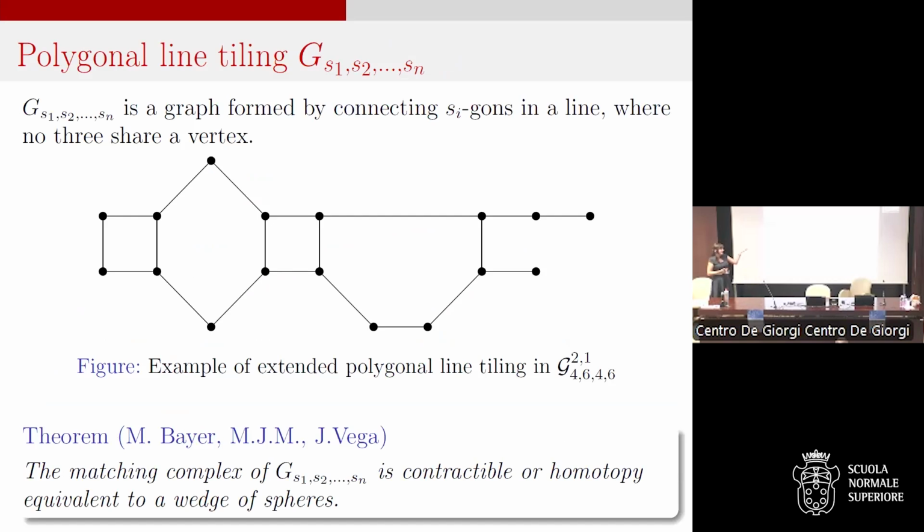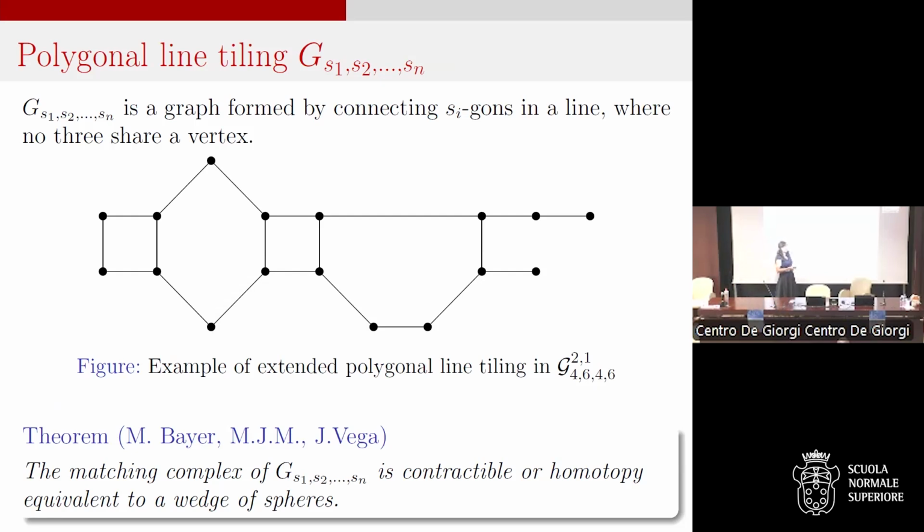So what we wanted to do is to generalize, to see what else has a nice matching complex. The first freedom we gave ourselves is not to glue just the same polygons, but to glue arbitrary polygons. Then it's not so nice anymore. The structure is not so nice. For example, this is some kind of extended polygonal line tiling. So I have a quadrilateral, a hexagon.